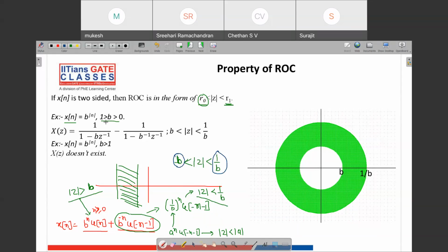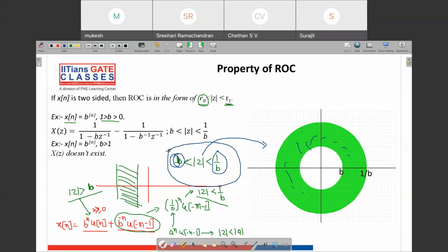Now to represent it in the z plane, you first draw a circle with radius 1 by b, which is the outer circle, then draw a circle with radius b, which is the inner circle, and all the points between the two circles will be the ROC. So for a two-sided signal, ROC will always be in this form.